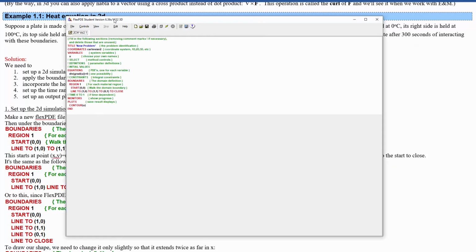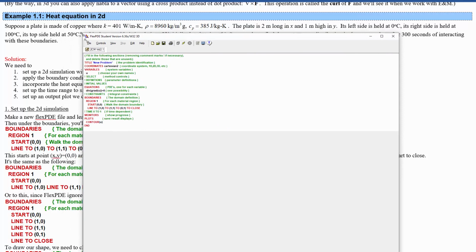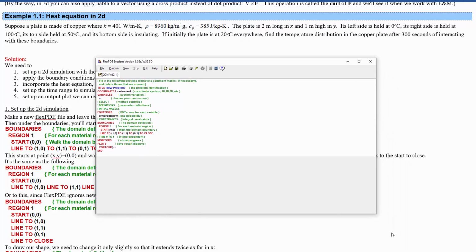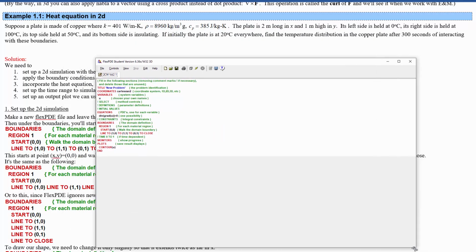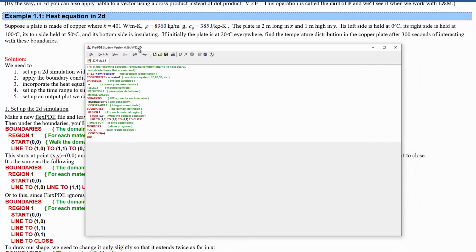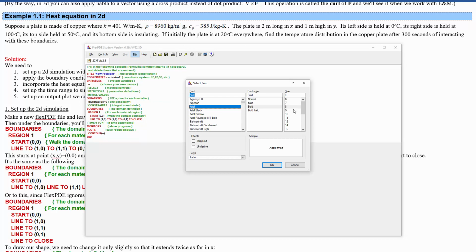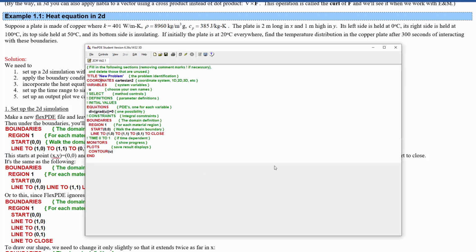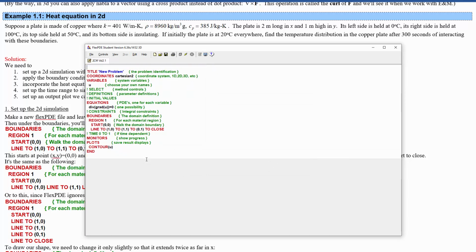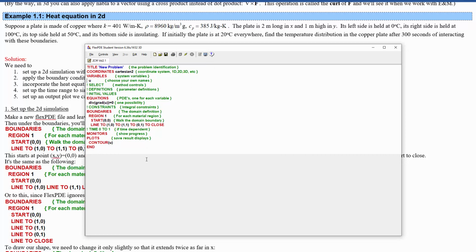All right, to do this, we're going to use some FlexPDE, as is our style in this course, and we're going to start off with a new file here. If you like, you can change the font size. Some people were pretty excited about this in class, so maybe I'll just change this here so you can see it a little bit better. And we're going to delete the things that we don't need at the start.